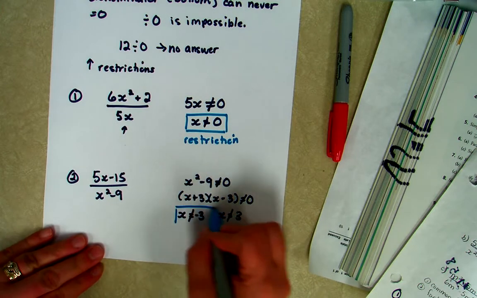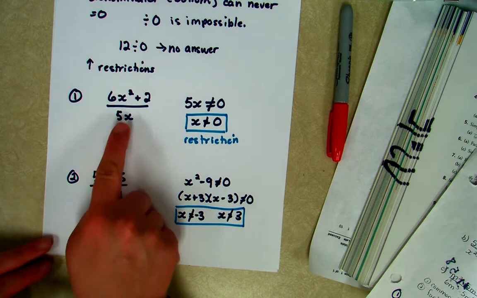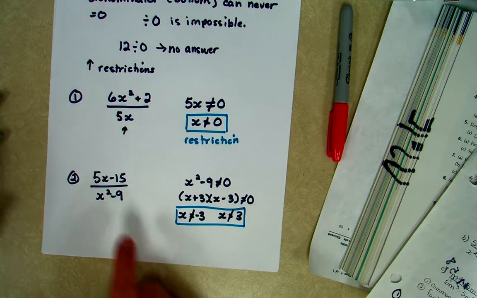So for the first two questions, we were just looking for restrictions and we found them. So if the question just says state the restrictions, you're just trying to figure out what values would make the bottom equal to 0.